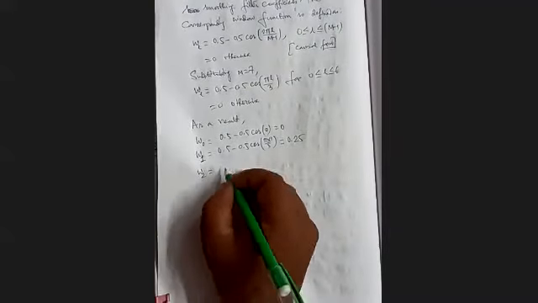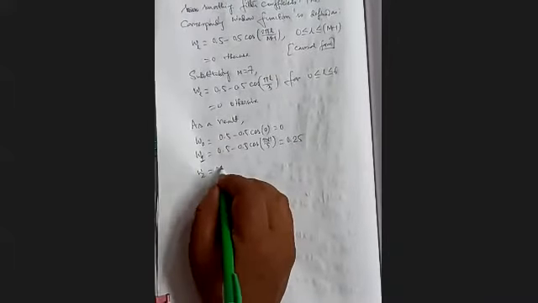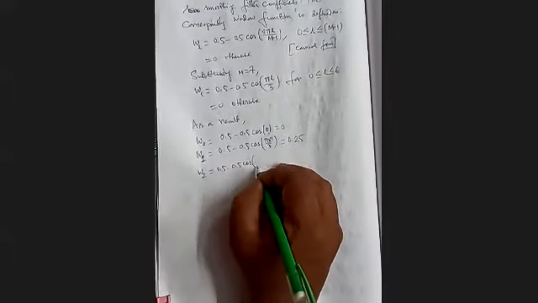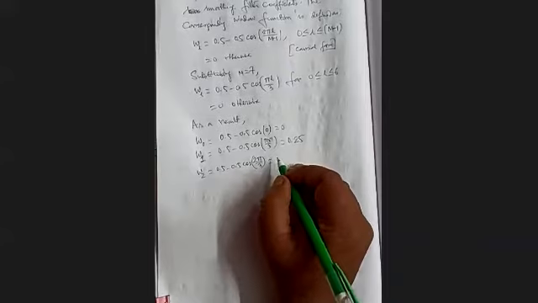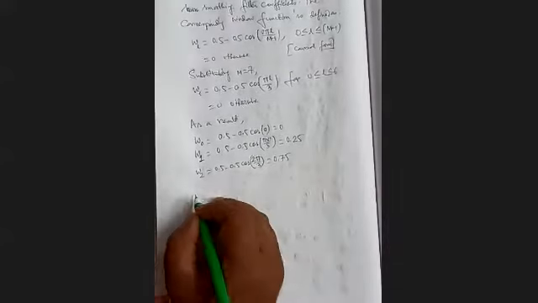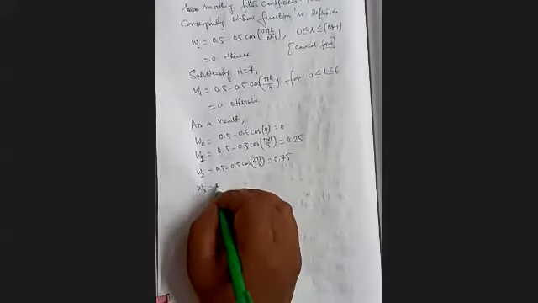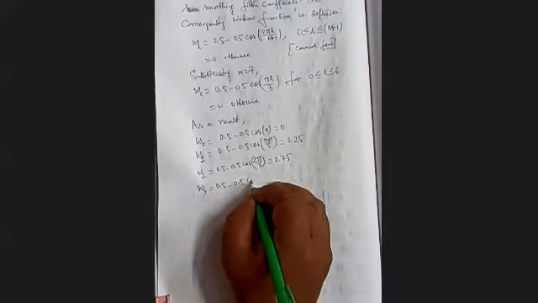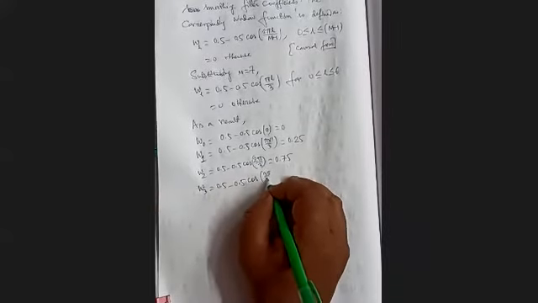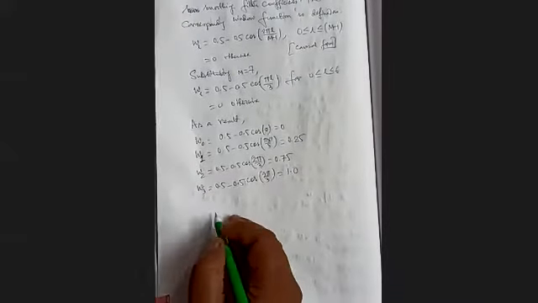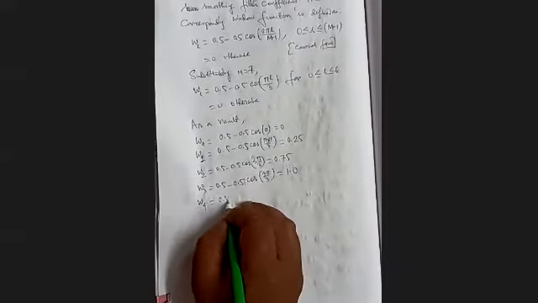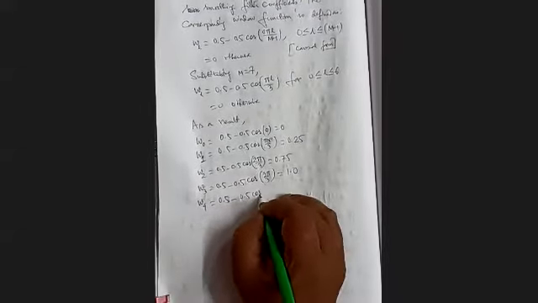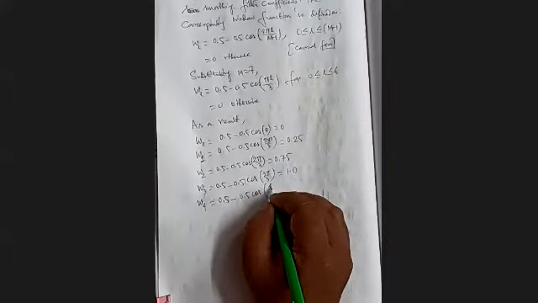W2, put L equal to 2. 0.5 minus 0.5 cos 2 pi by 3, which is equal to 0.75. W3 equal to 0.5 minus 0.5 cos 3 pi by 3 equal to 1. Then W4, 0.5 minus 0.5 cos 4 pi by 3.